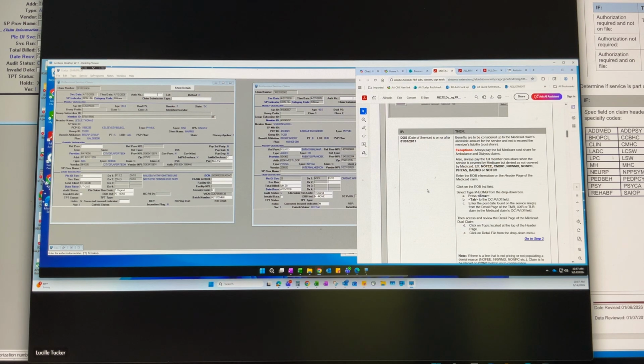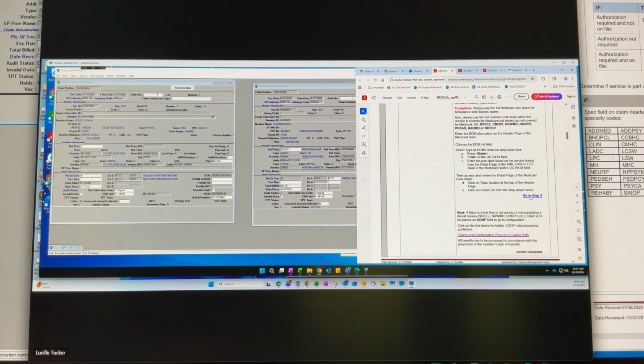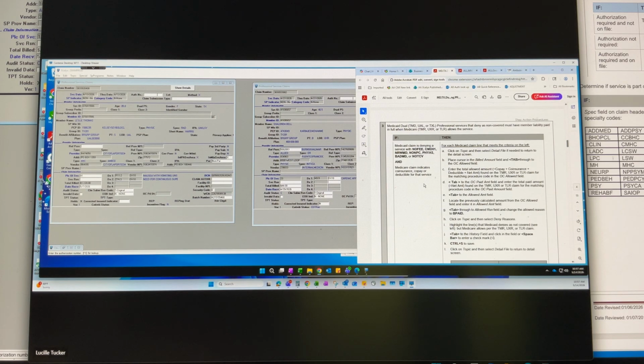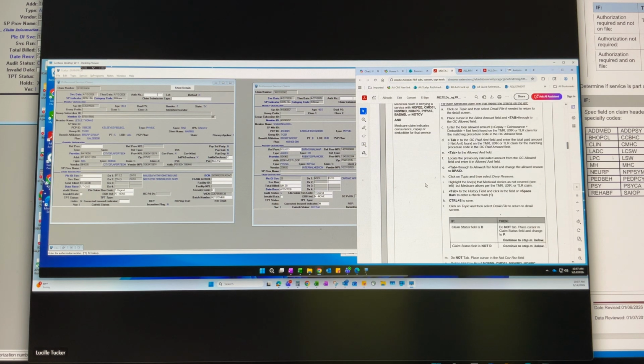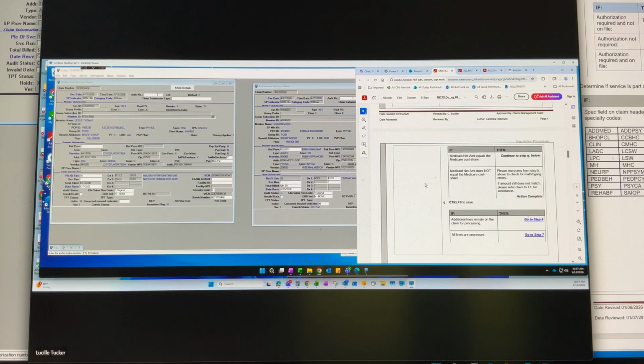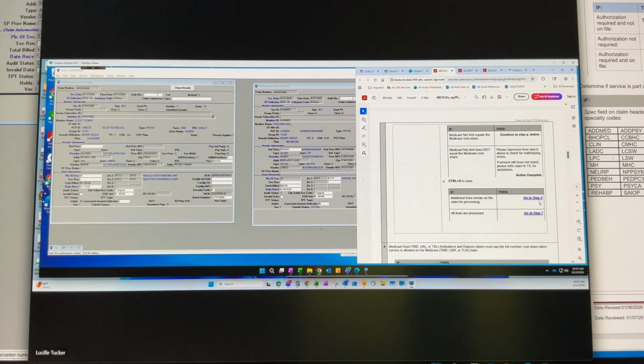Step 3 says Medicaid dual professional services denied as not covered must have the member's liability paid in full when Medicare allows the services. This is actually not us. We're going to go to step 4 now.